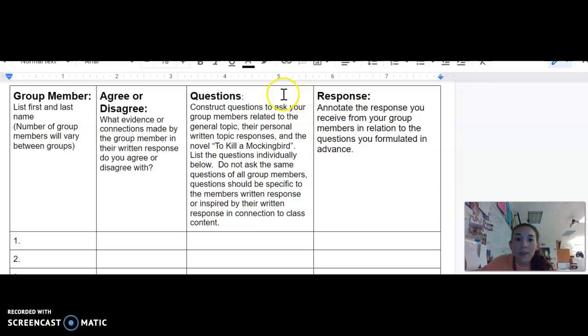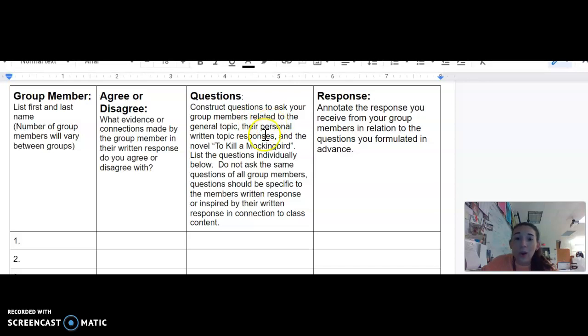So, let's say your topic is mental health, and one of your group members specifically focused on the idea of nature versus nurture, and they think that an environment can really change how somebody's mental health impacts their lives.